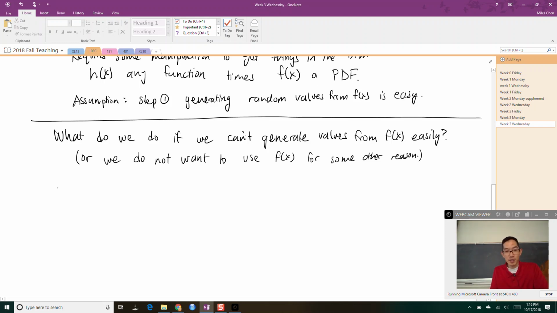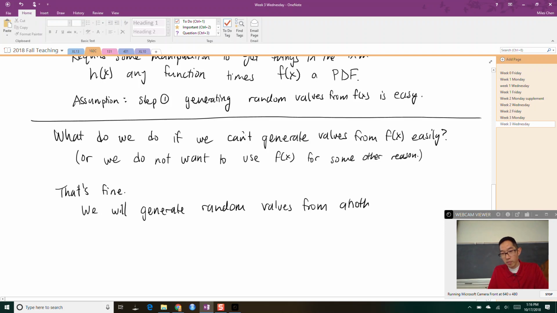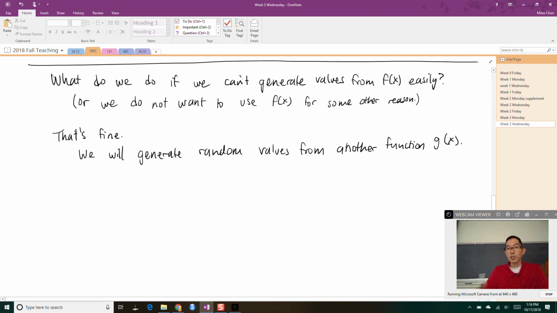So the answer is, that's fine, and we'll generate random values from another function, g of x.